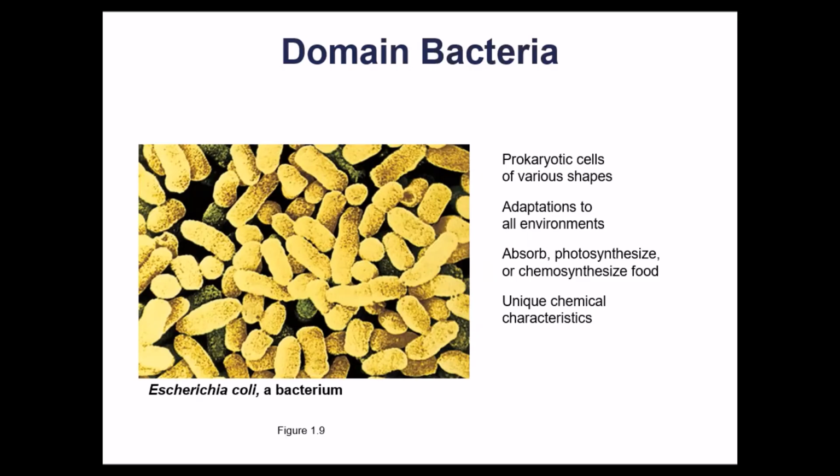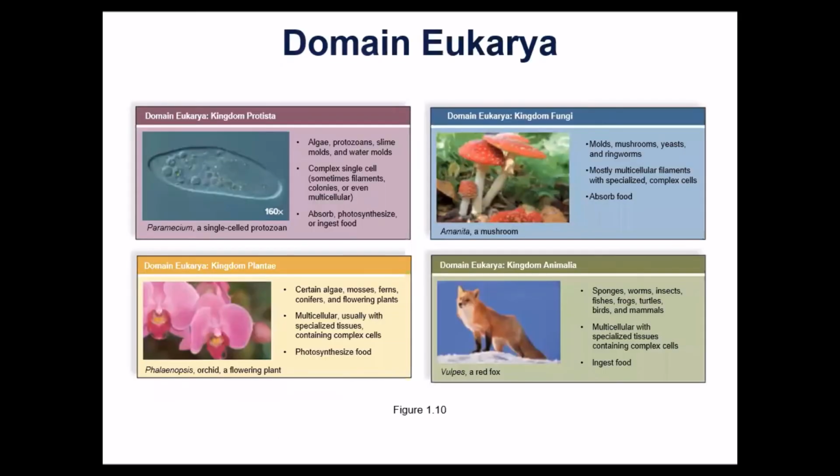Lactobacillus is what we think of as a good type of bacteria that you find in things like yogurt. Lactobacillus is very helpful for the body. So there are many different examples of bacteria. And then, of course, Eukarya, everything else, but that includes protists, like those protozoans that I mentioned earlier. It includes plants, it includes fungi, and it includes the animal group.